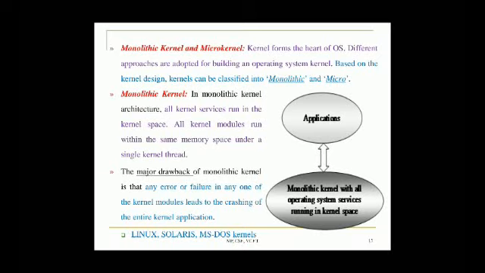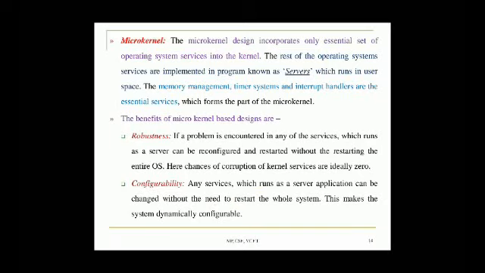This problem can be overcome by having the other type of kernel called microkernel. In the case of a microkernel, the very core essential part of the operating system services is stored in the kernel space, and the rest of the operating system services are implemented in programs known as servers.